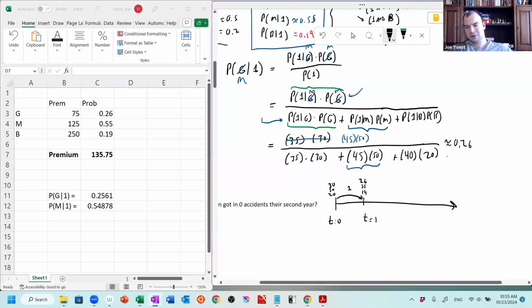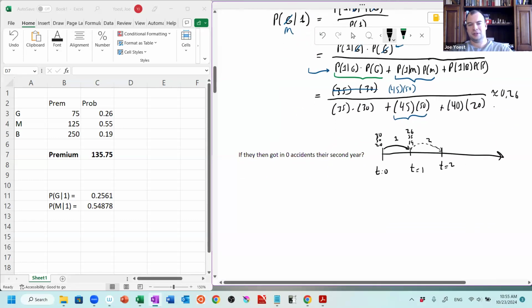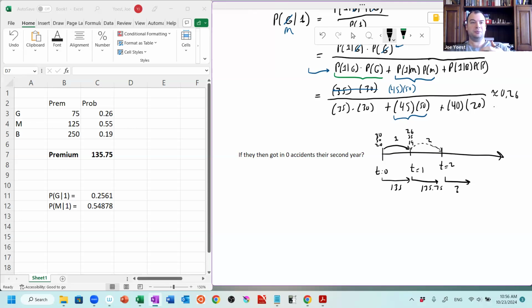But from the perspective of year 2, this posterior for year 1 is kind of like a prior for year 2, right? It's the distribution immediately prior to when I'm going to incorporate the new information from year 2 that they got in 0 accidents the second year. So for this year, they were paying 135.75. And for this year, I don't know what it should be, but it should probably go down.